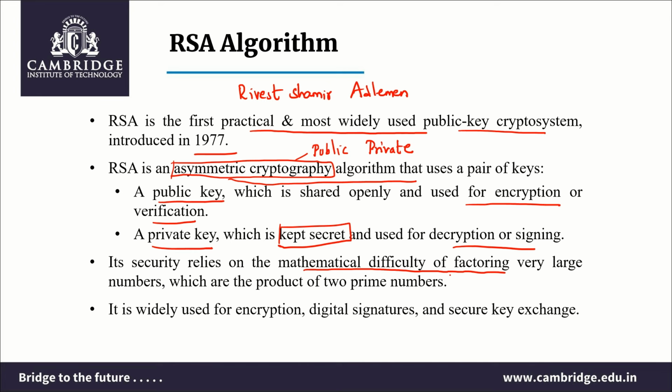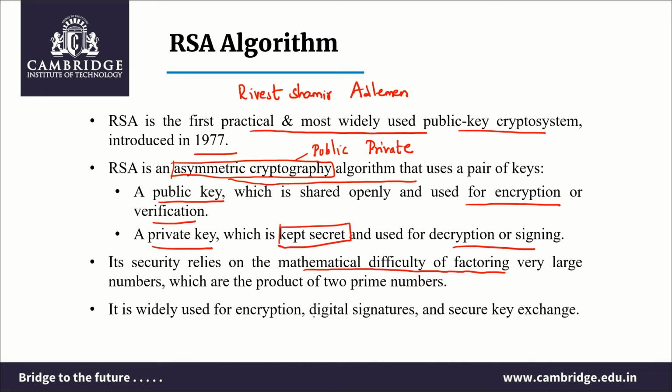In the algorithm, we take two prime numbers and then constitute a value called n. An adversary who has this value n has to face great difficulty to break n into two prime numbers. That is what the security of RSA depends upon.